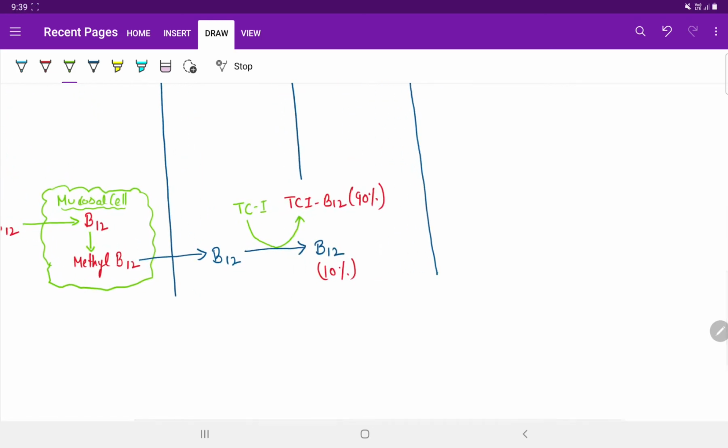Whereas this vitamin B12 which is left over, it is again bound with another enzyme known as TC2 and leads to formation of TC2B12.